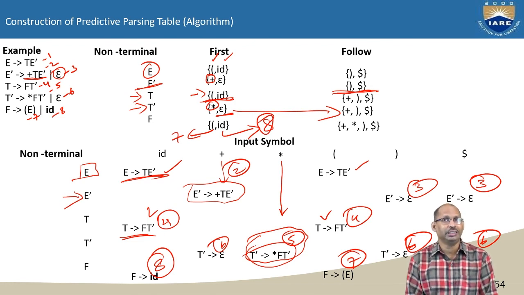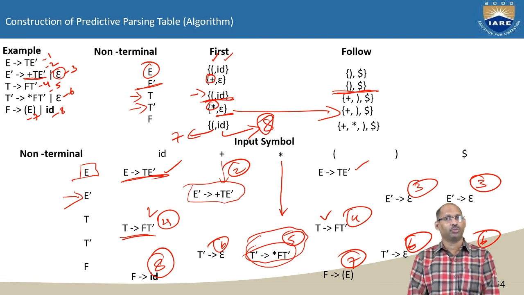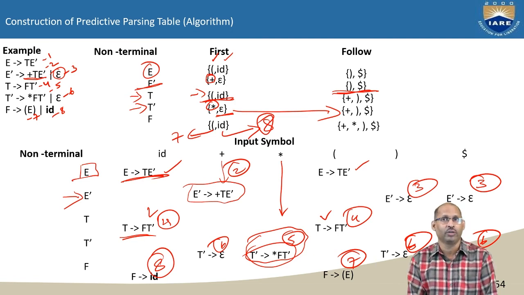Right? By using this predictive parsing method, we are determining whether the input string is accepted or not, according to the syntax rules of the programming language. So I'm closing this class now, and we'll continue the remaining topics in the next class.